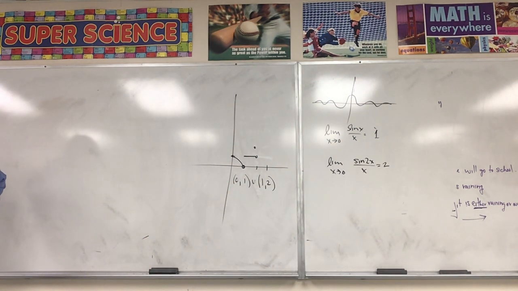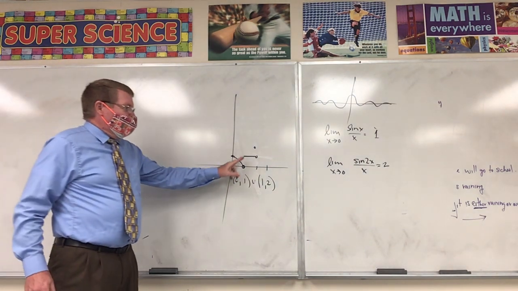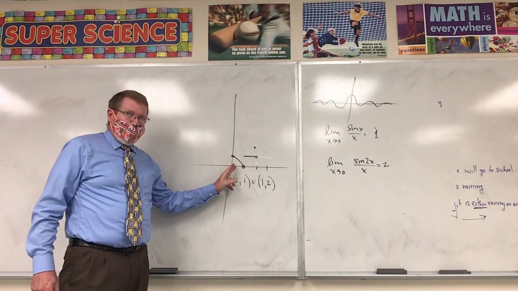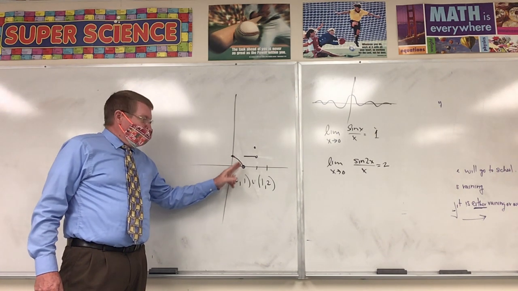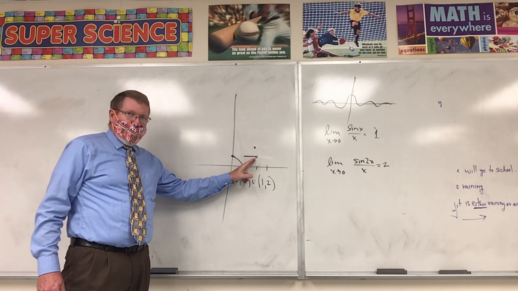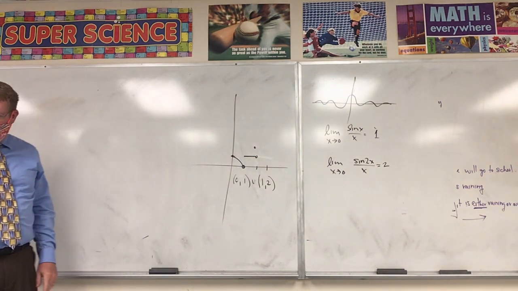Wait. At what point c does only the left-hand limit exist? Okay, so we have to change that thought process. Only the left-hand limit exists. So where does only a left-hand limit exist? At 2. Because at 1 I have a left-hand limit and a right-hand limit. Everybody agree? At 2 is the only place where I have only a left-hand limit, so that's the answer to letter C.